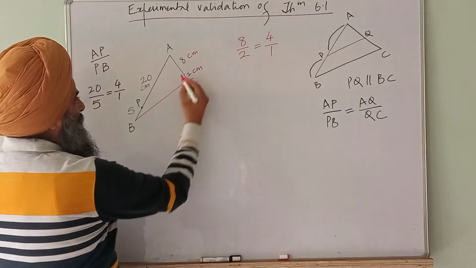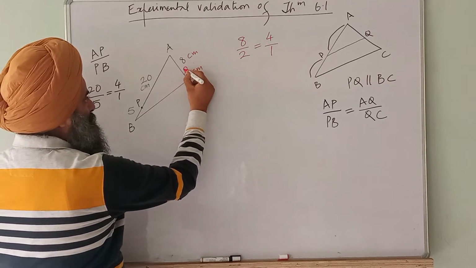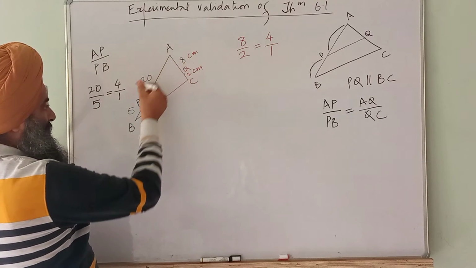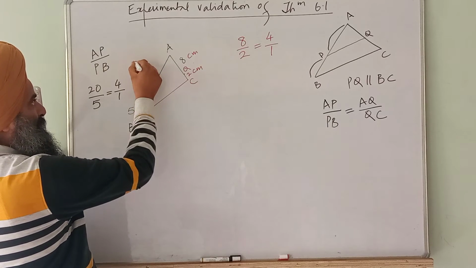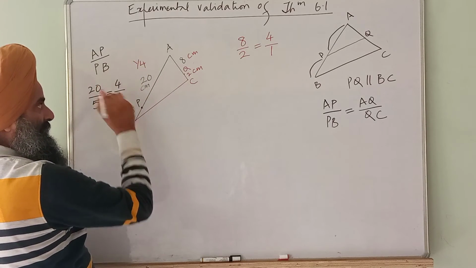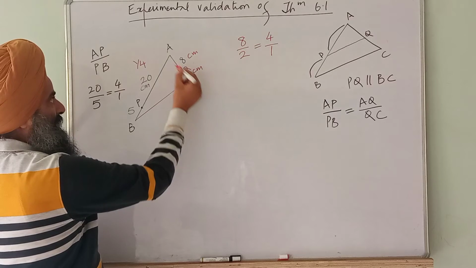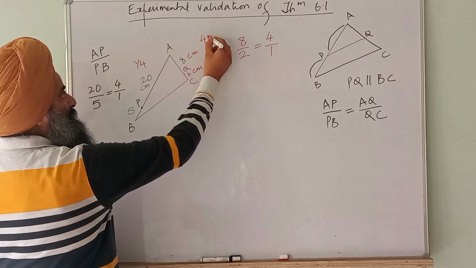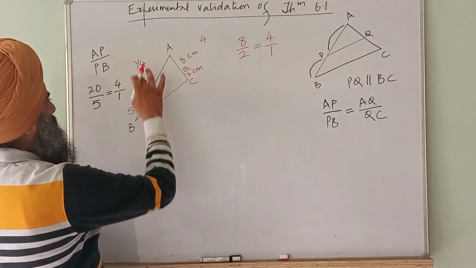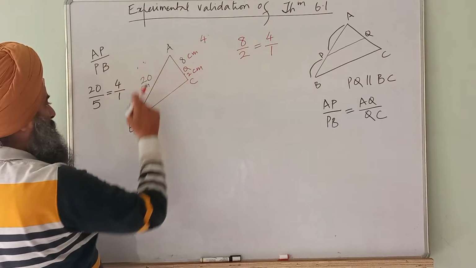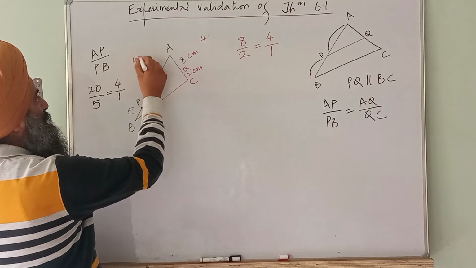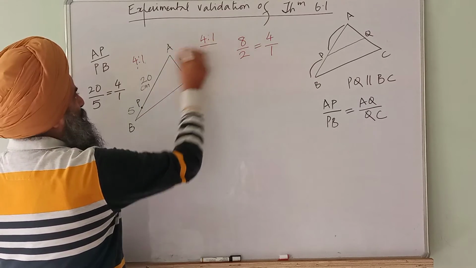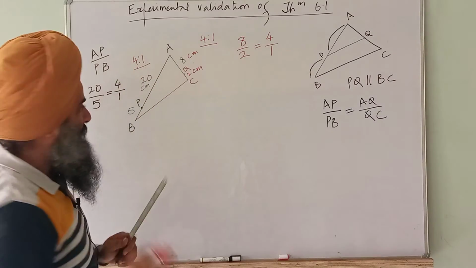Now P and Q. These are the points at which AB side is divided in the ratio 4 is to 1, and at point Q, AC side is divided in the ratio, I'm sorry, yeah, this is AP by PB is 4 is to 1, and AQ by QC is also 4 is to 1. Sorry for the small mistake.